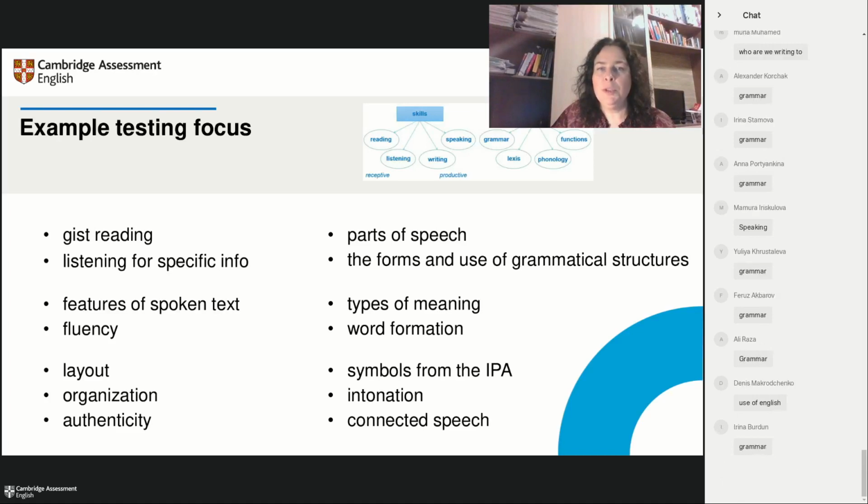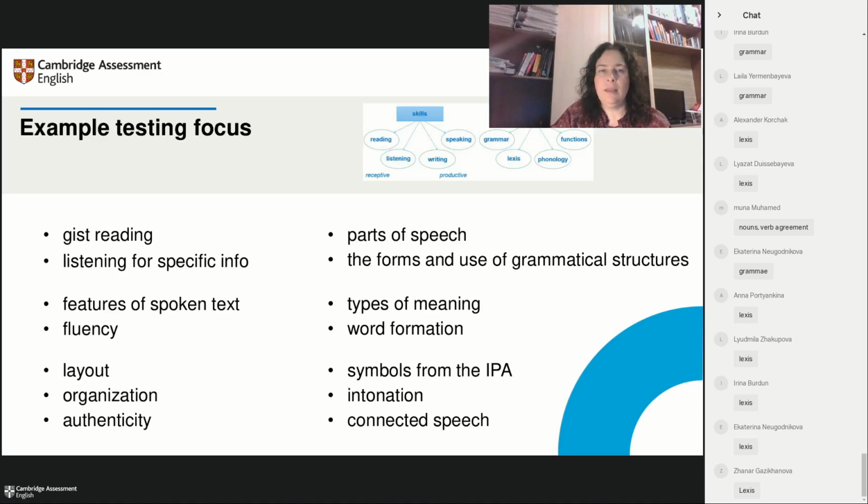Types of meaning and word formation belong to Lexis. But there is an overlap, of course, because meaning is important for grammatical structures too. And the names of different tenses, for example, or again, parts of speech, those terms are in TKT, so you need to be aware of those.